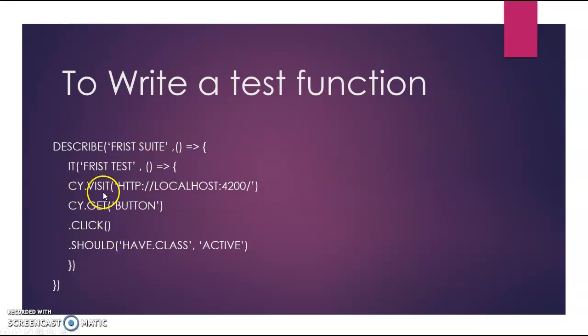So cy.visit, we put the URL of the application here, and you can use the get command to get an element on the page. For example, we have a button here. Once we get the button, we can make an action against it, like click, and put in the assertion. For example, here it should have class active. This is our assertion.